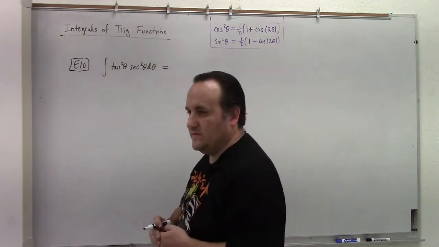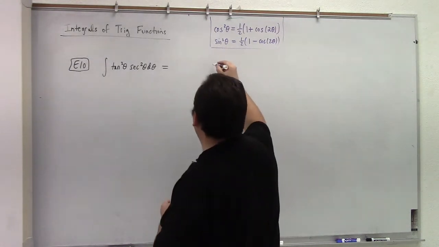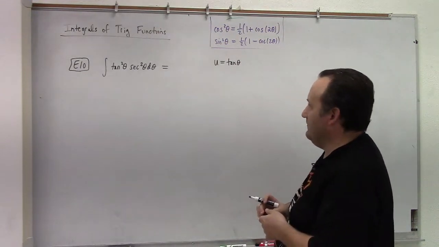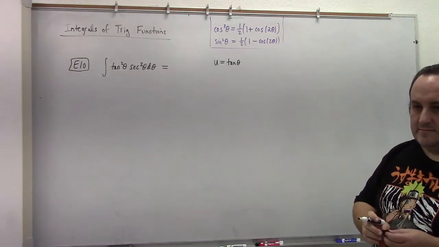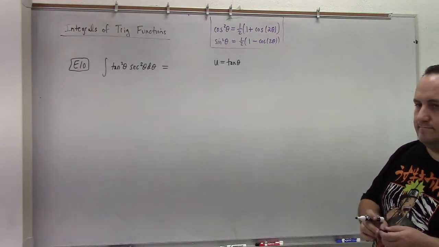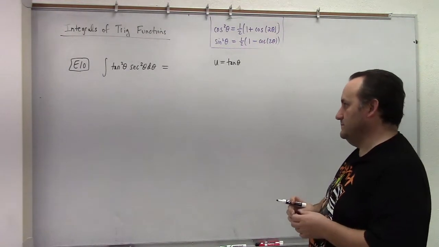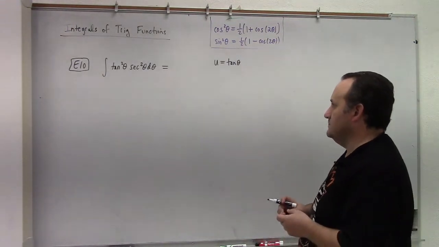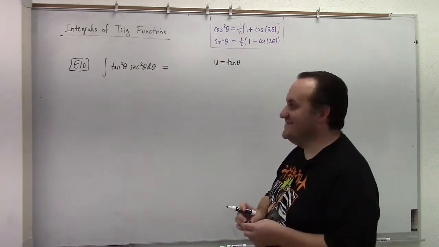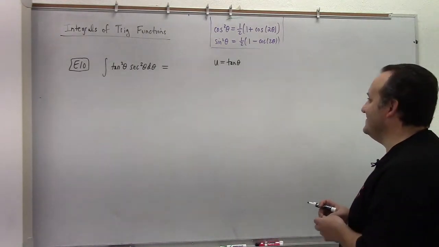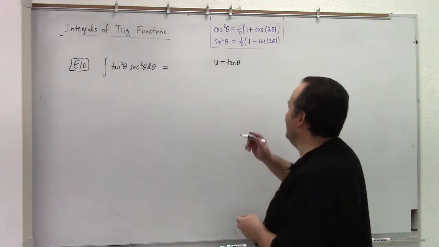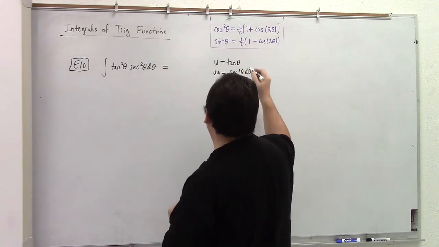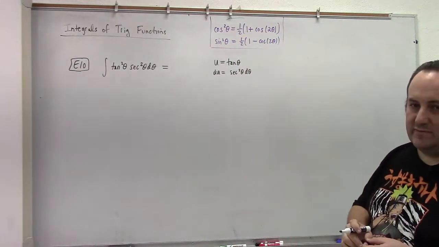So something like this, we remember if we let u equal tangent, we know the derivative of tangent is secant squared, so du is secant squared theta d theta in this case.